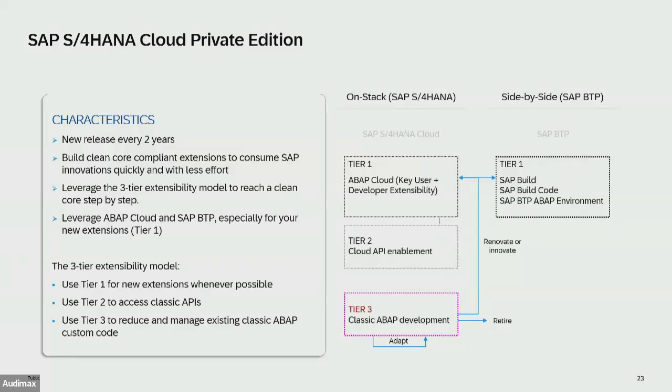The general idea is to reuse the public cloud extensibility model in S/4HANA Private Cloud as well. Meaning, we have seen how you extend S/4HANA Public Cloud on stack with ABAP Cloud or use BTP. For new extensions, that's the recommendation for S/4HANA Private Cloud as well.